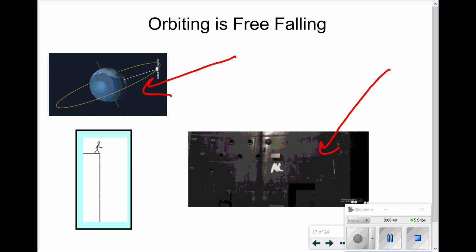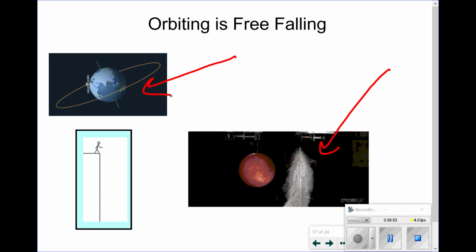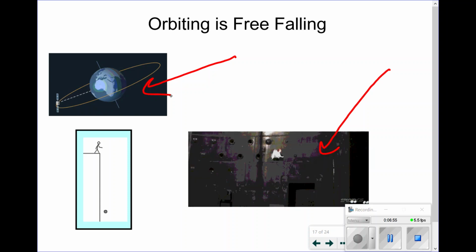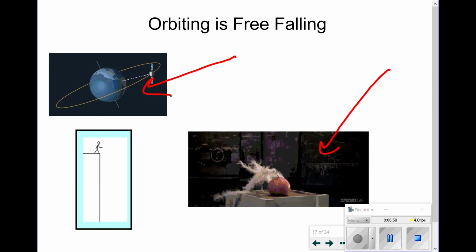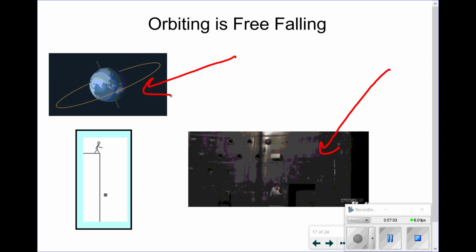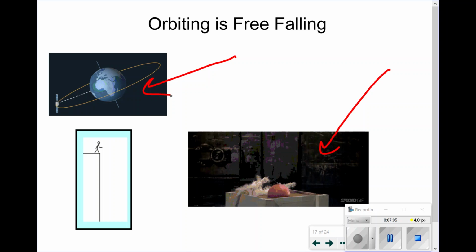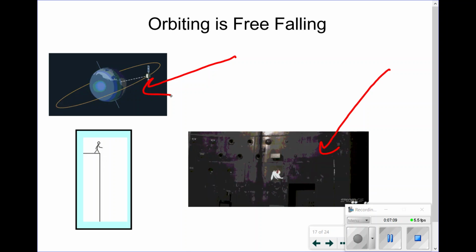If I have the moon orbiting the Earth and I have a small rock in the same orbital path, the speed of the rock to maintain its motion would have to be the exact same speed as the moon. The moon will experience a greater force of gravity. It has more mass. It will be pulled harder.